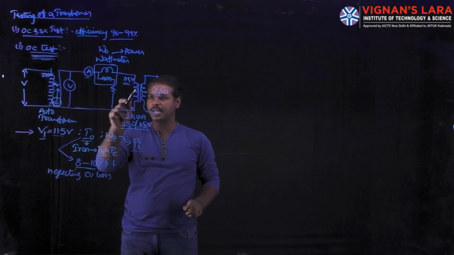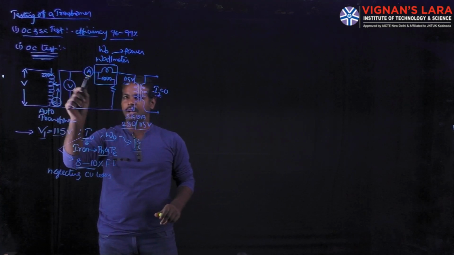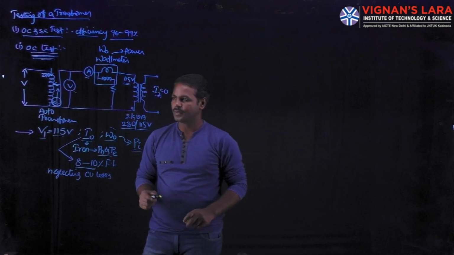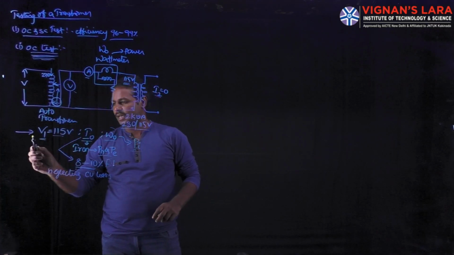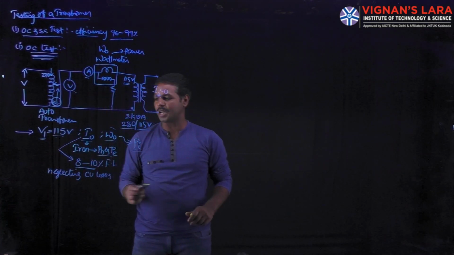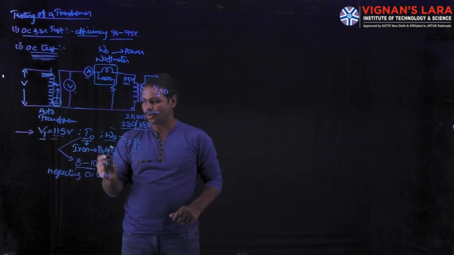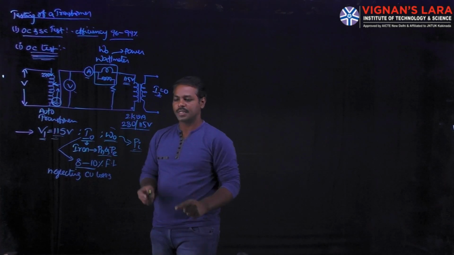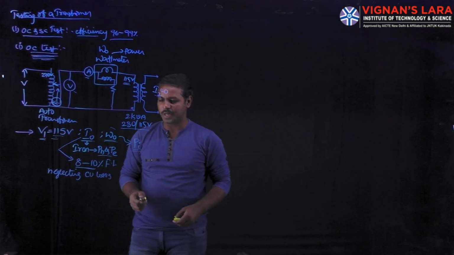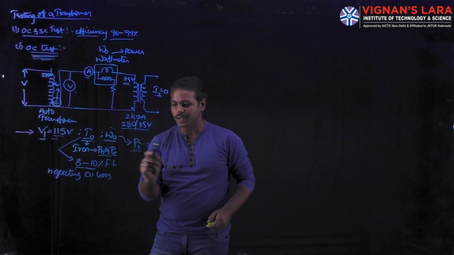The LV winding is directly connected to the voltmeter, ammeter and wattmeter. So in the open circuit test we get three parameters: rated voltage, no load current and no load power. The no load power is always equal to the iron loss in a transformer, which is independent of load.